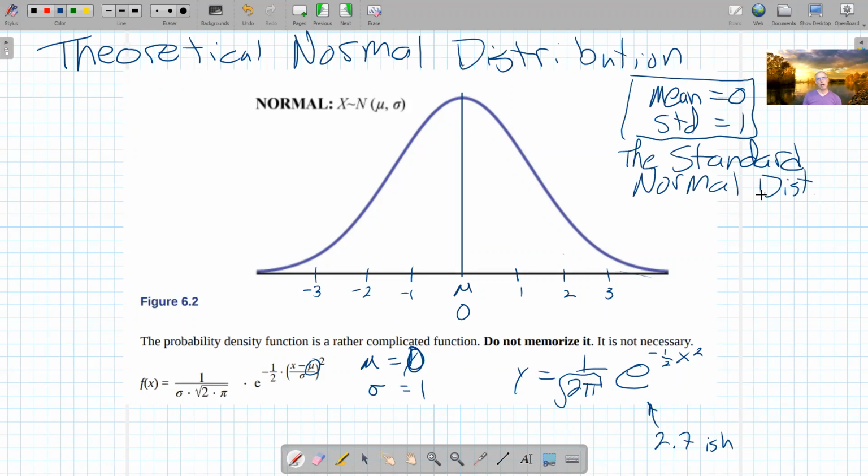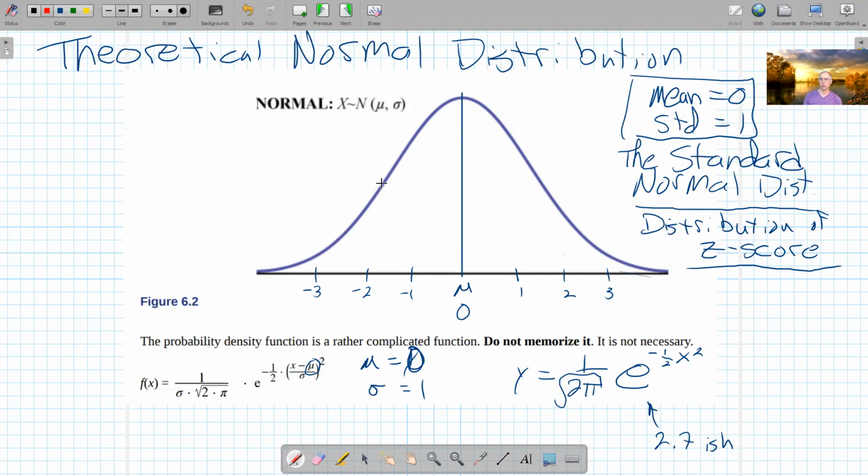And if you remember way back to chapter 2, we talked about the idea of a z-score, and I'll remind you about what that is in a second. This is also the distribution of z-scores, or graph of z-scores. And what does a z-score do? You may or may not remember that back from chapter 2. All a z-score does is count standard deviations.